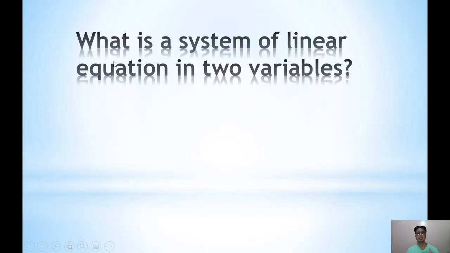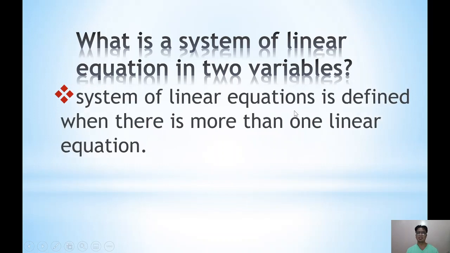Now, i-apply lang po natin what is a system of linear equation in two variables. Alam na natin yung system, then we have here now the linear equation in two variables. Anong ibig sabihin nun? System of linear equations is defined when there is more than one linear equation. Sabi ko kanina, pag sinabi po natin na system, hindi iisa lang.